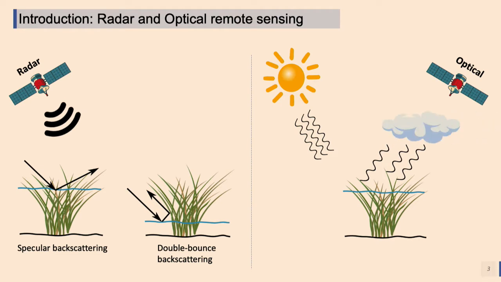One of the limitations of the optical sensor is that when we have clouds or we don't have the sun, we can't gather anything. So it's limited to sunlight and no cloudy days. But with radar, we can have some penetration into the canopy, whereas with optical sensors, we only have data about the surface of objects on the Earth.